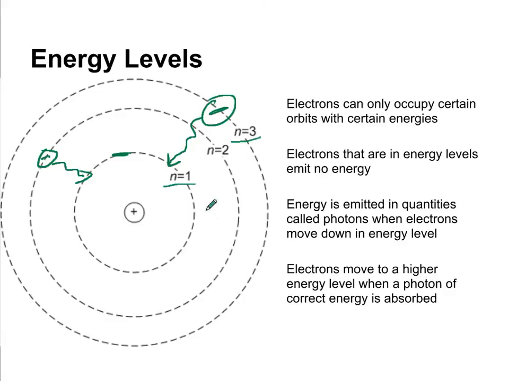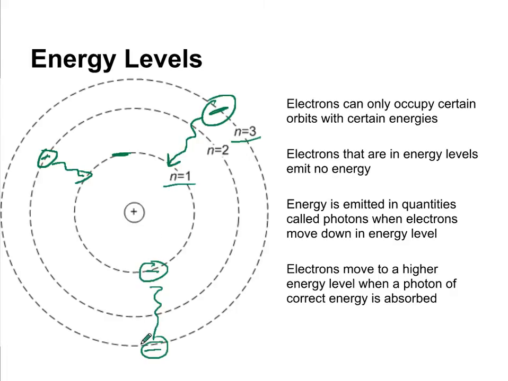So atoms emit energy in the form of light when electrons move down in energy level, but for those electrons to move to a higher energy level, they have to absorb the correct amount of energy. So for an electron to go from the first up to the third energy level, it has to absorb a photon with the correct energy. The correct energy would be the same amount that was given off as it went from third to first.